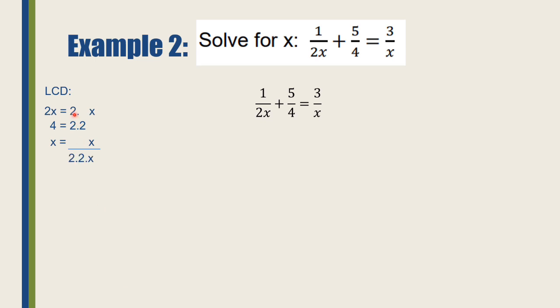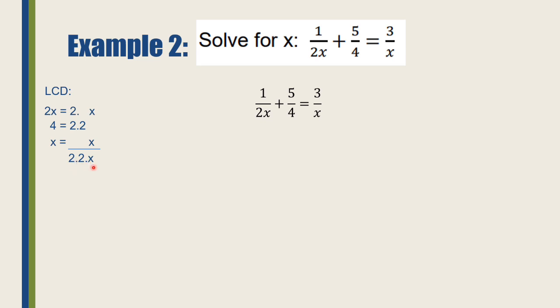So here 2, one of the factors of 2x, and 2, one of the factors of 4, this is counted as 1. Then here another 2 from the factors of 4. Then here x, one of the factors of 2x, and x here is x, so x and x are counted as 1.